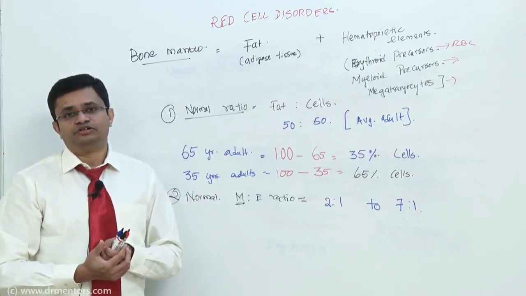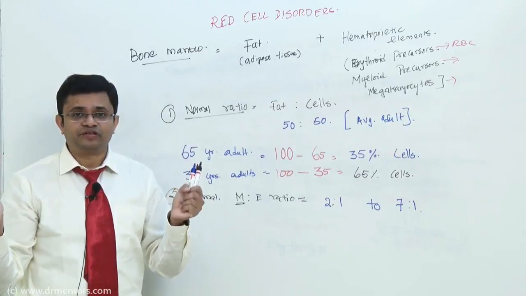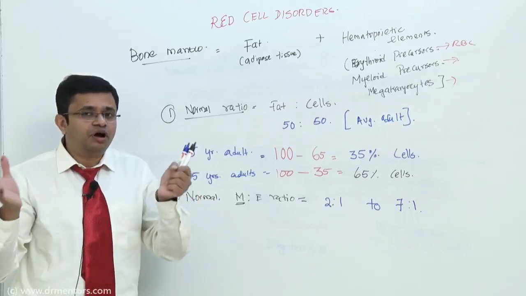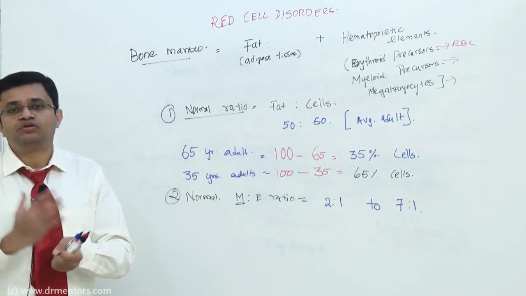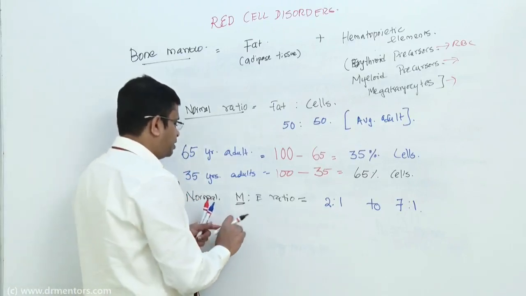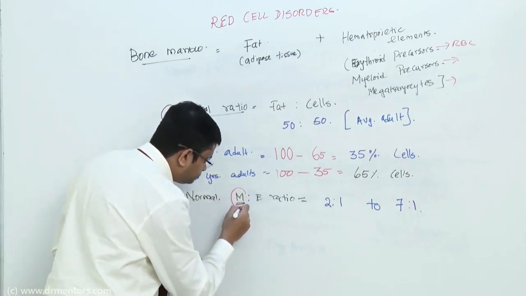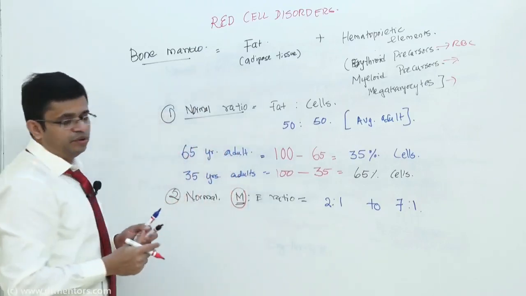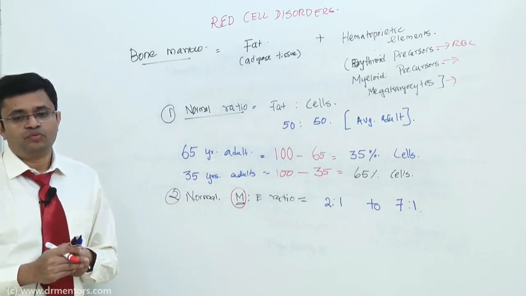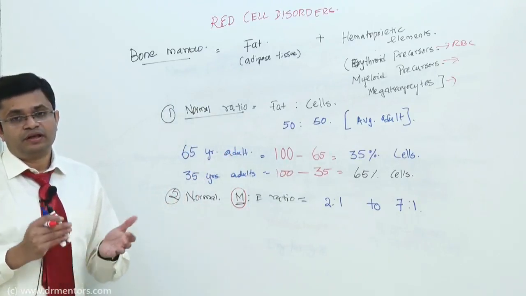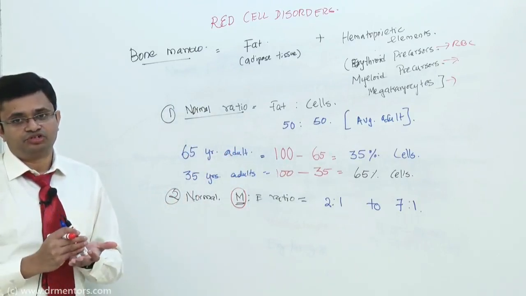So always express in ranges. The normal expected ME ratio is 2:1 to 7:1. Majority of the time, the dominant population is myeloid cells.